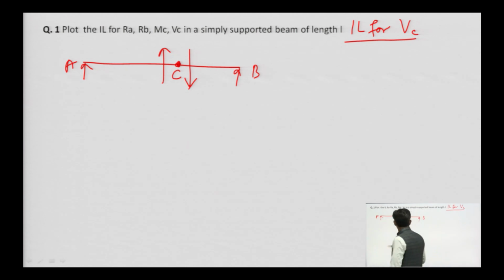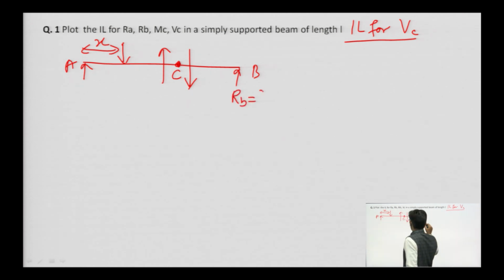If the point load is at x distance from A, then the value of RB will be x by L. So, it is Vx, equal and opposite.